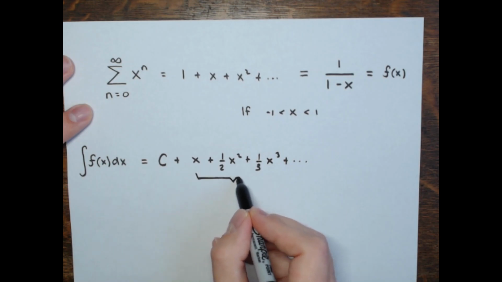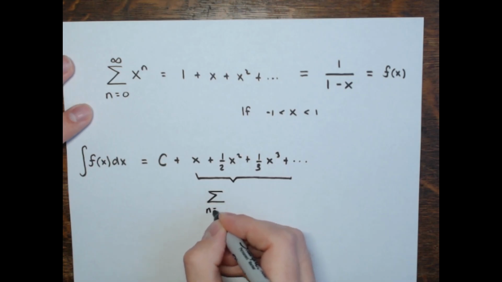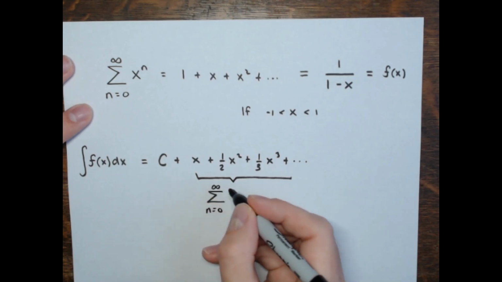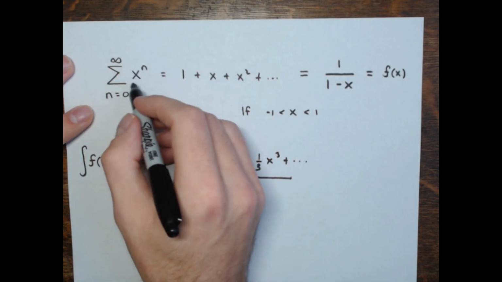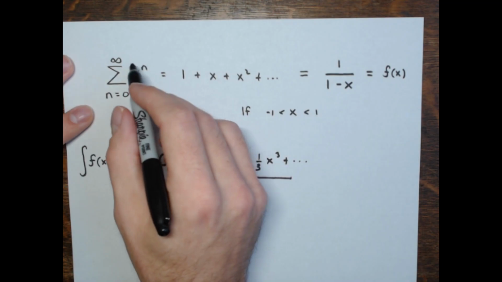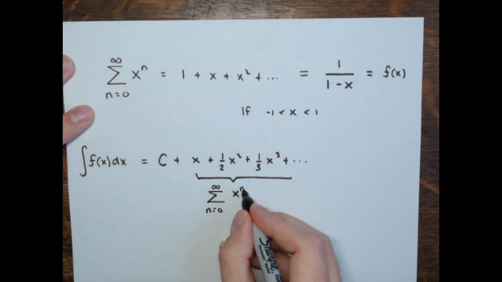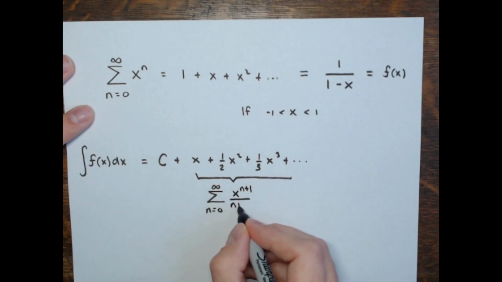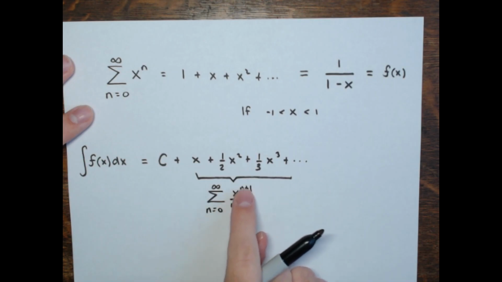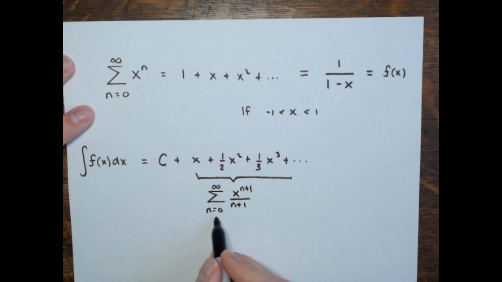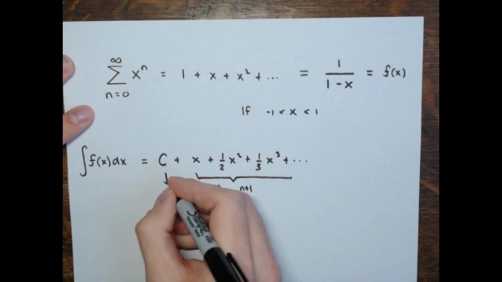So this series is the sum from n equals 0 to infinity of, and then just take your power series for the geometric and integrate. You reverse the power rule here, so it'd be x to the n plus 1 over n plus 1. You can see when n equals 0, you get an x. When n equals 1, you get half x squared. So it needs to start at 0. But you got plus this constant of integration that needs to be found.